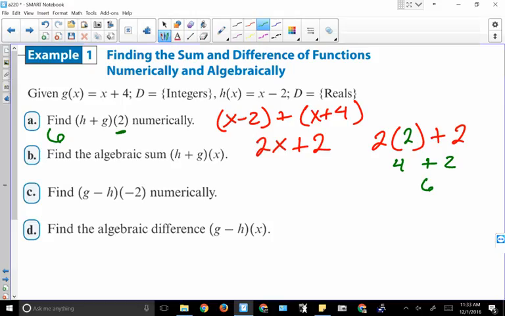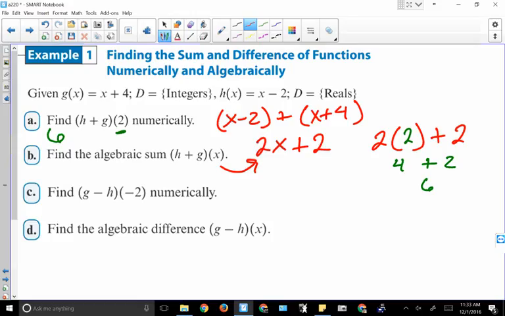That is, if we take the h function, the g function, add them together, plug in the 2, that's what we end up with. Now, the neat part of this is where it says find the algebraic sum. It's right there. If we put these together, this is what it looks like.